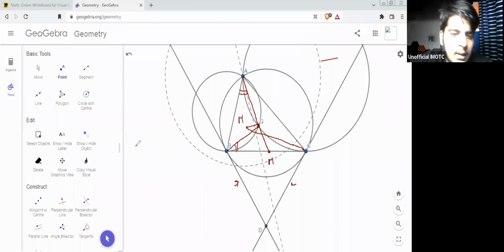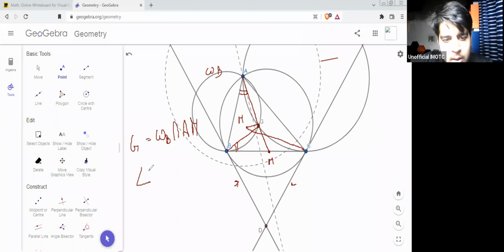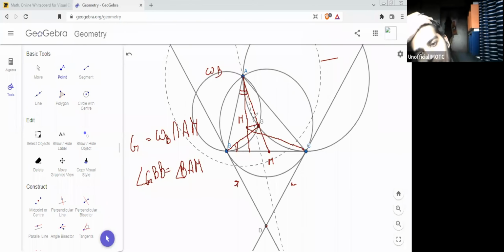Okay, so let's define G as, let's call the circle omega b. Let's say G is omega b intersect AM. Then angle GBM equals angle BAM, right? Oh, but we don't have this then. Hmm.